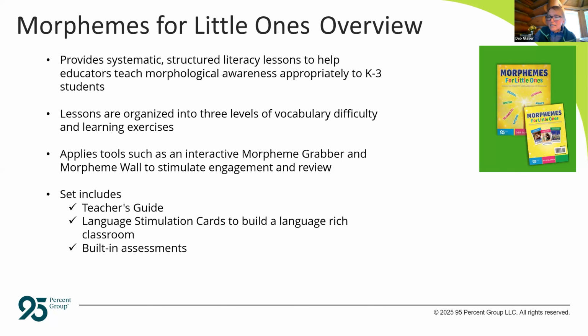There are language stimulation cards to help teachers engage students in lots of language play with the word samples and morphemes that are taught. And there are built-in assessments to help you understand where children are in their development of morphological awareness.